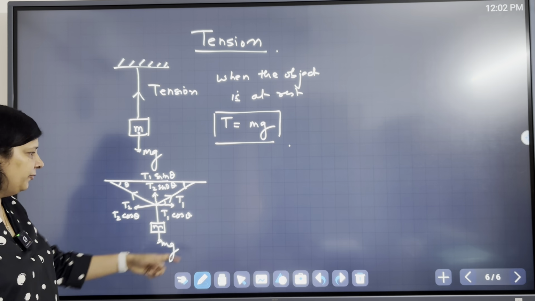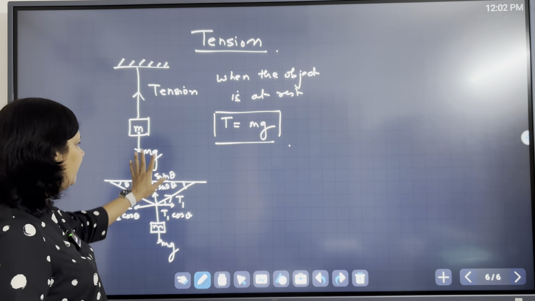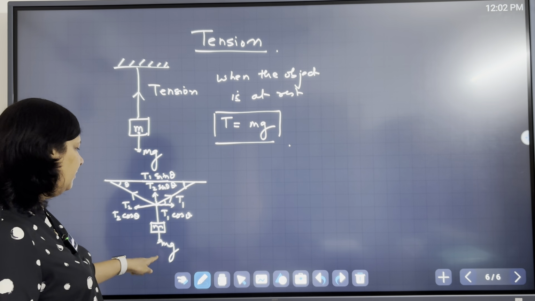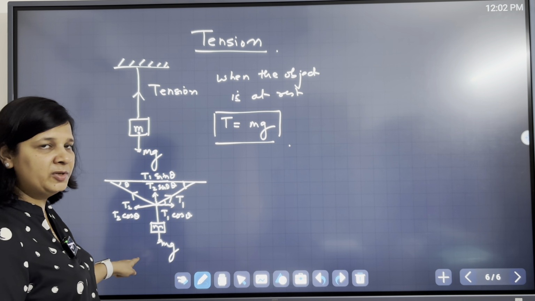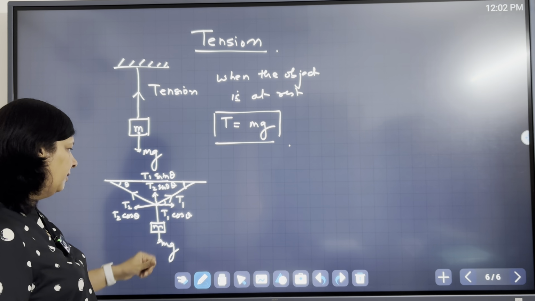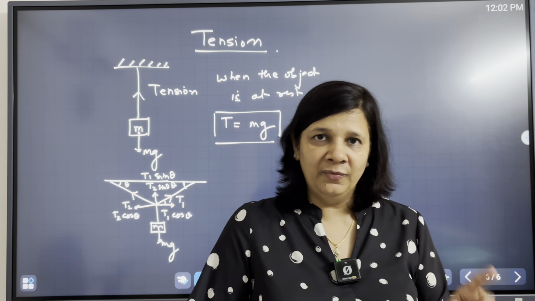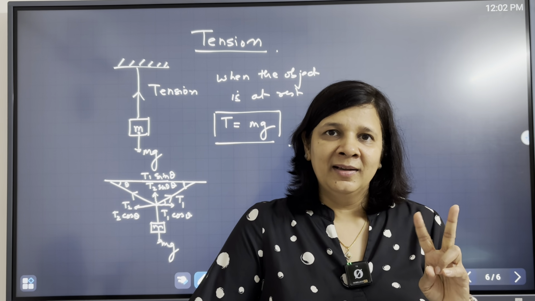So, again, if the whole system is at rest, then T1 plus T2 sin theta will balance the weight of the object, and T2 cos theta will be equal to T1 sin theta. But here, if T1, T2 are unknown, we have two equations and three unknowns.